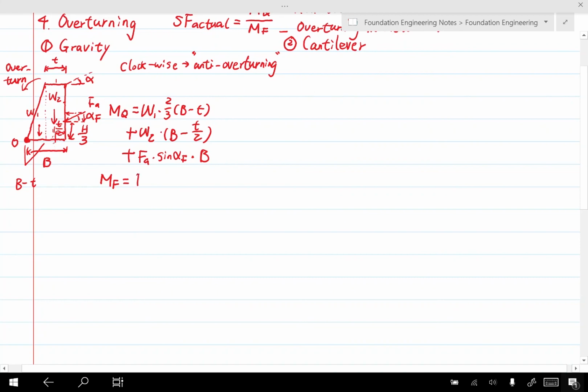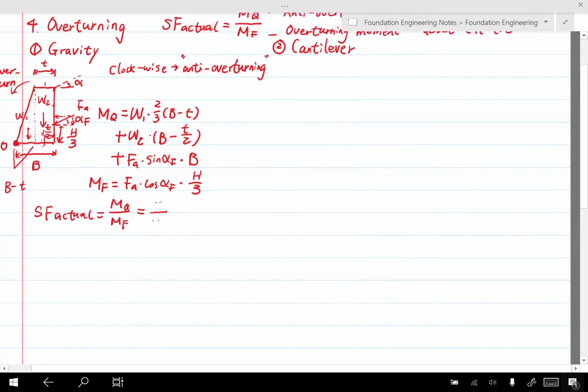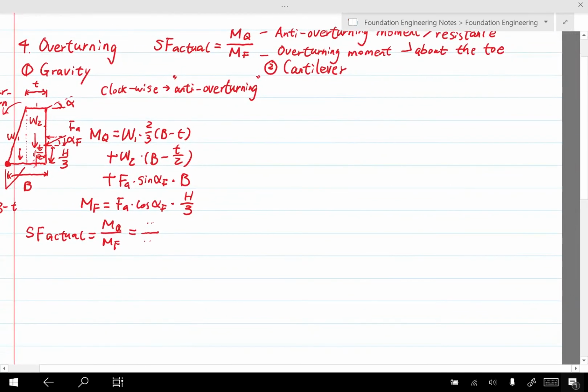So the horizontal component of FA is FA times cosine alpha F, and the arm of this force is just 1/3 of H. Then put everything together, we can get the actual safety factor as MQ over MF. So you can copy the equations here. This is for the gravity wall.